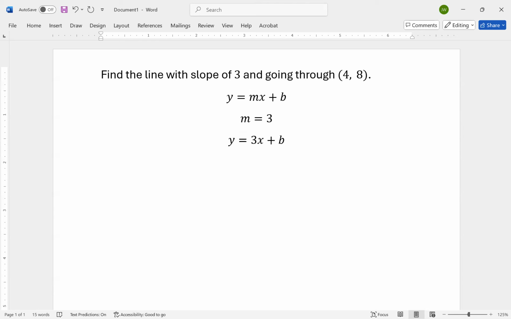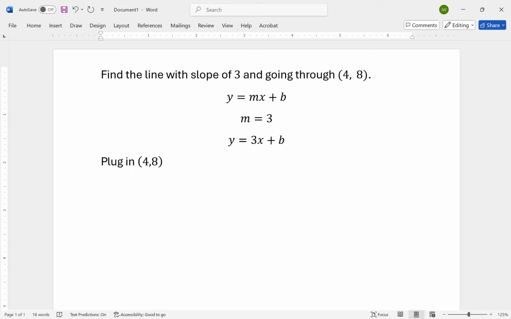Now, since I know that my line goes through the point 4, 8, I know that when I plug in this ordered pair, it's going to give me a true statement. Therefore, we're going to plug in the point 4, 8.